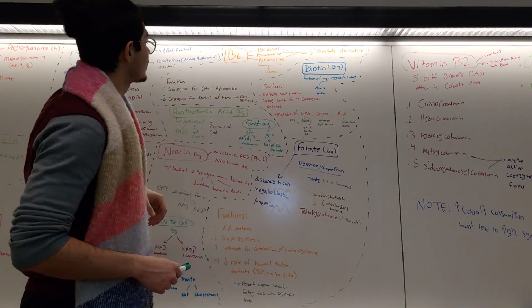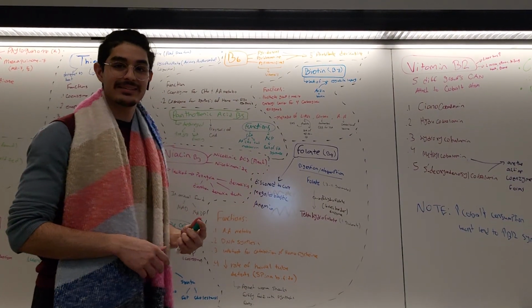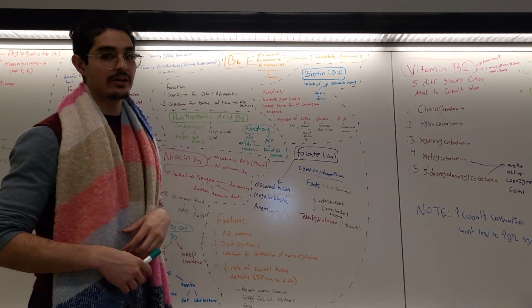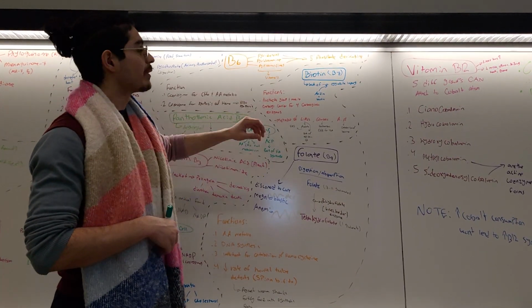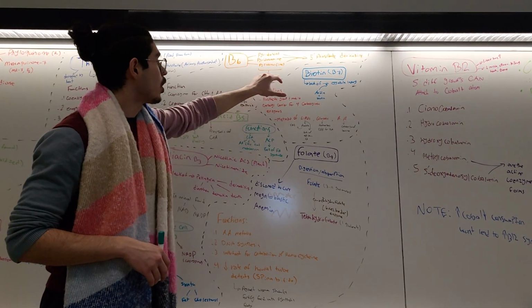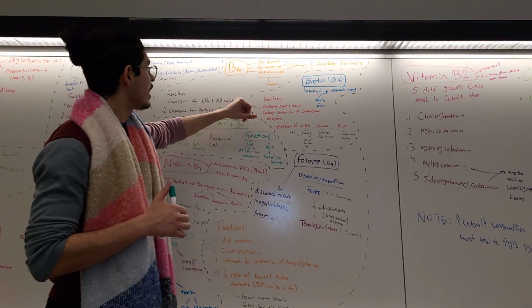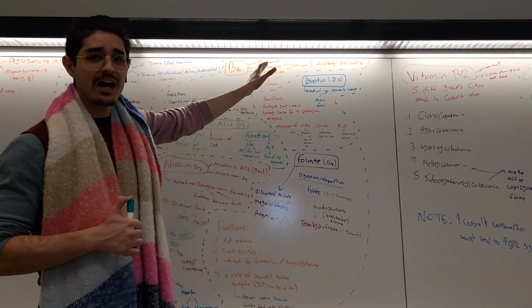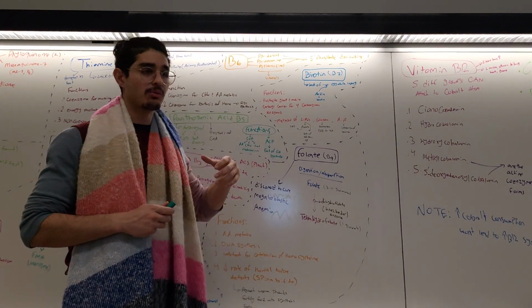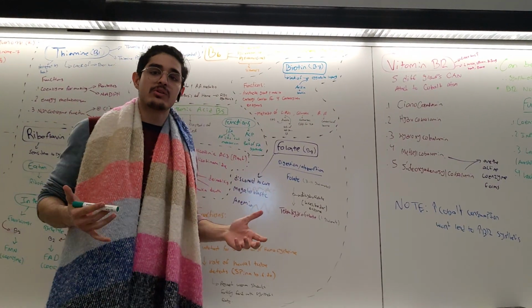Let's go on to B6. Thankfully, there's not as much stuff to know, but there are many different vitamers, or different active forms. You have pyridoxal, pyridoxamine, and pyridoxine. Pyridoxal is the one with the aldehyde form. Pyridoxamine, of course, has the amine group.